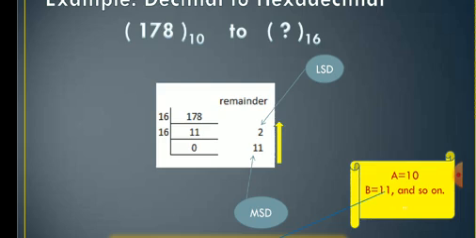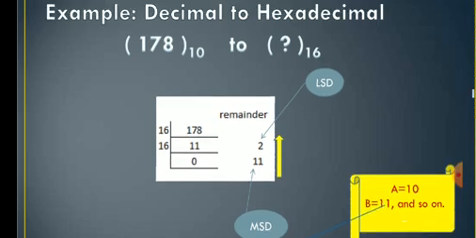So according to this, we are getting remainder 11. So the 11 symbol will be B. So our answer will be B2. That will be the hexa equivalent of this decimal number.